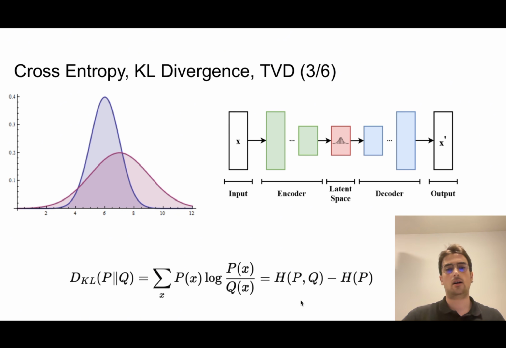Actually, it is the cross entropy minus the entropy of p. By the way, you can try to prove it by hand yourself. It's not that hard. Let's say this is P and this is Q, and you look at the ratio of them. You also multiply it with the true distribution, p of x.